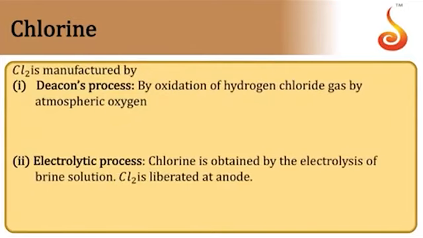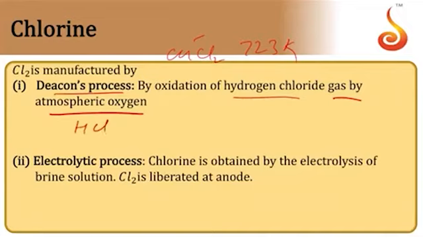Next, coming towards the manufacturing process. One is called Deacon's process. It is the oxidation of HCl by atmospheric oxygen in the presence of heated CuCl2, which basically acts as a catalyst. So it will be HCl plus atmospheric oxygen, and we require CuCl2 at a temperature of 723 Kelvin.